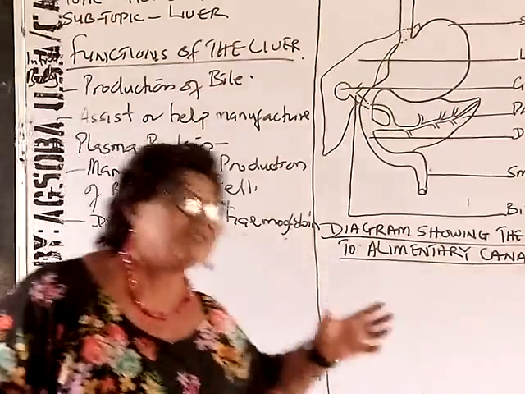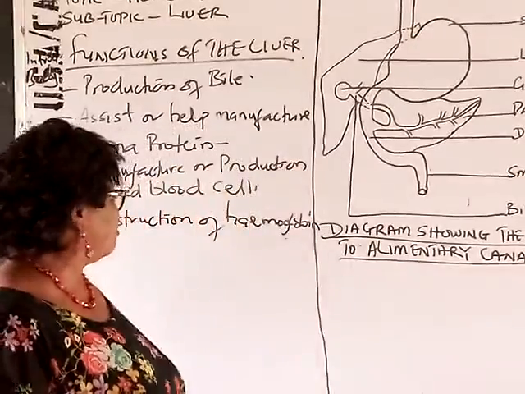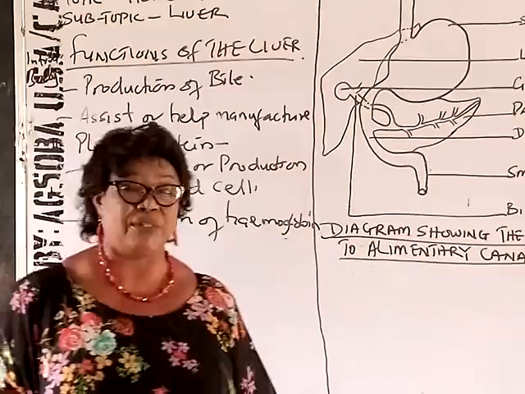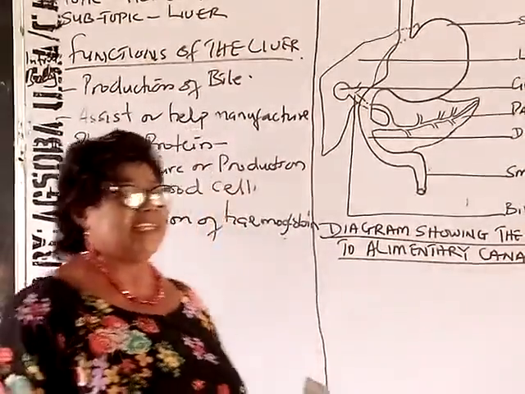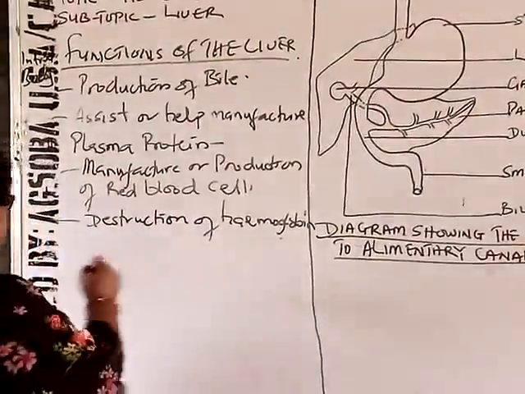That is the worn out or the dead hemoglobin, so as not to remain in the body system and cause problem. Another thing that it does is that it stores vitamins.